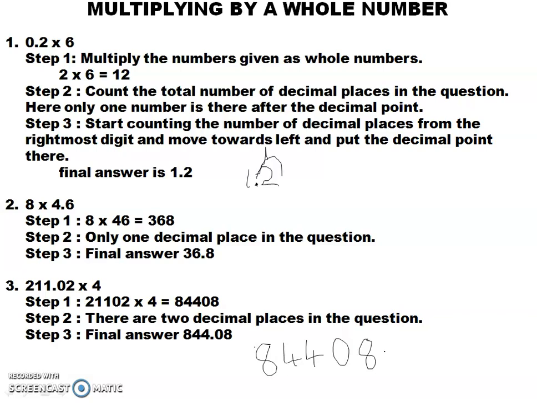And how many decimal places? 2 decimal places. So 1, 2. So I'll put the decimal point here. So the final answer is 844.08. Hope this concept is clear to you.